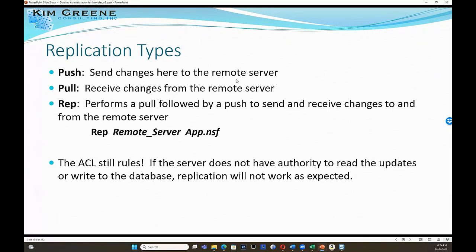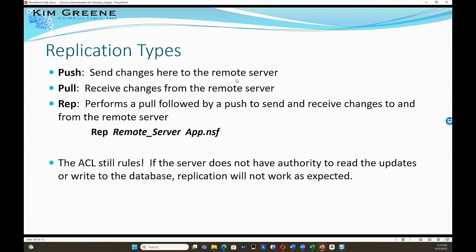Think back to what Michelle covered about the access control list. If you don't have your access control list set up correctly, your data may not replicate. We see this quite often in environments where people use readers fields or authors fields and forget about it, or they have a database and now want to include it in clustering, and it doesn't have the local domain servers added to the ACL.